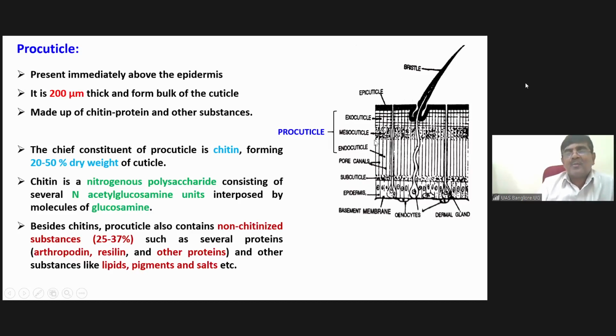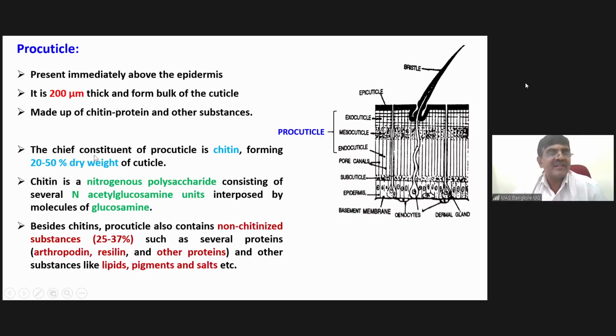Coming to the composition, the procuticle is made up of chitin, protein and other substances.